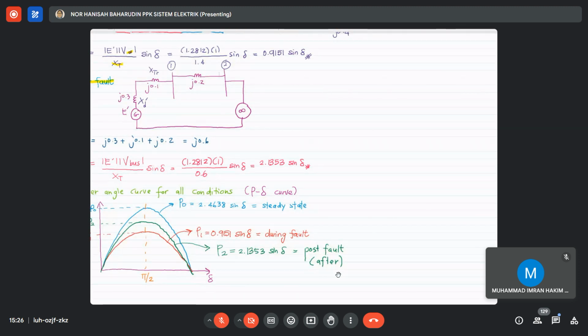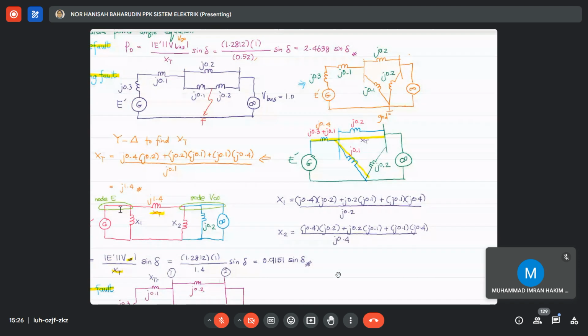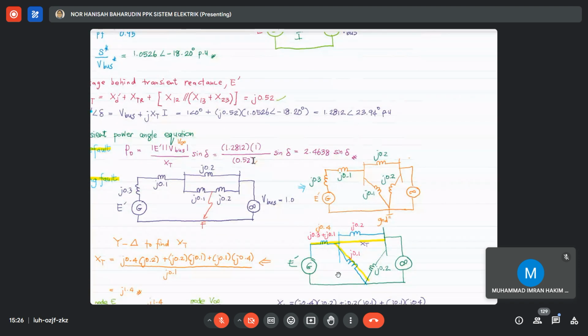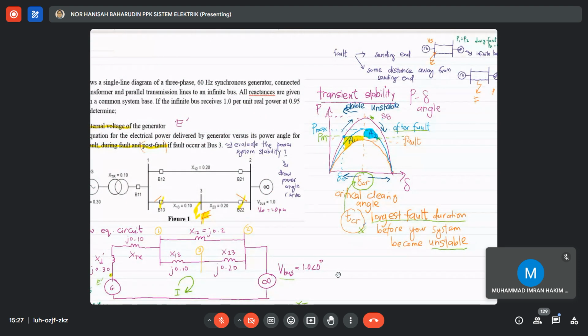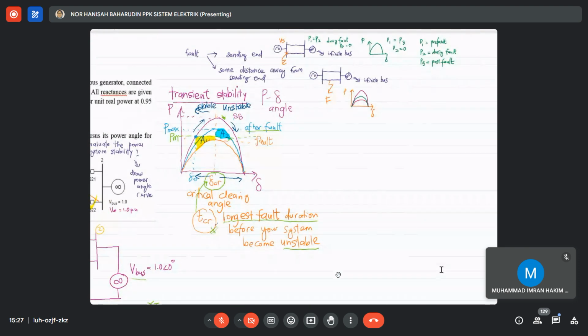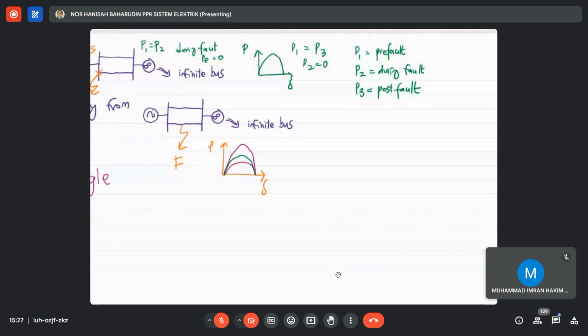Alright. So up to this point, again, you have P naught, which is the pre-fault. If I use P naught, this will be my P naught, this is my P1, this is my P2.